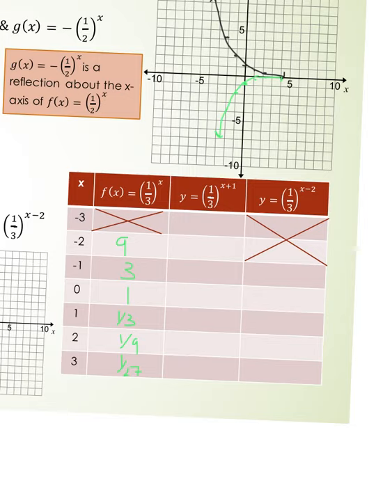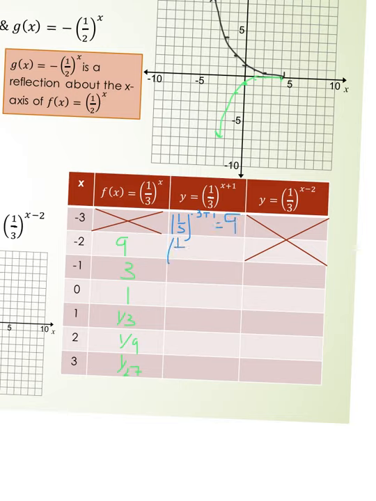Next thing we're going to do is 1/3 to the x plus 1 power. So notice that we'll have 1/3 to the -3 plus 1, which would give me 1/3 to the -2 power, which is still 9.